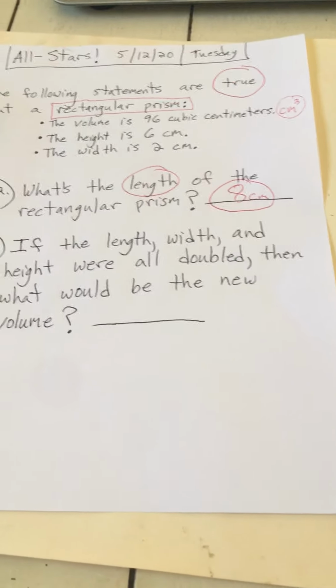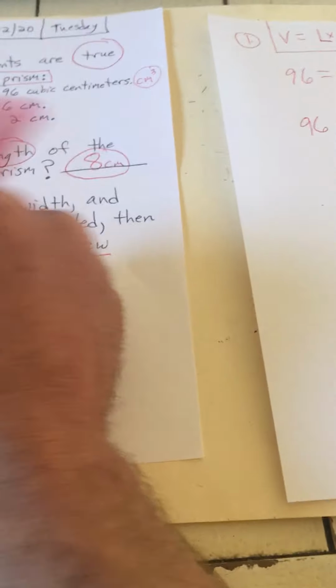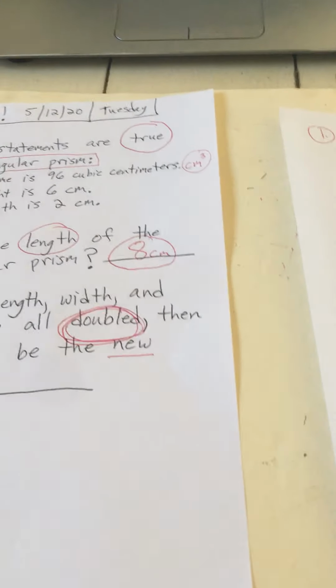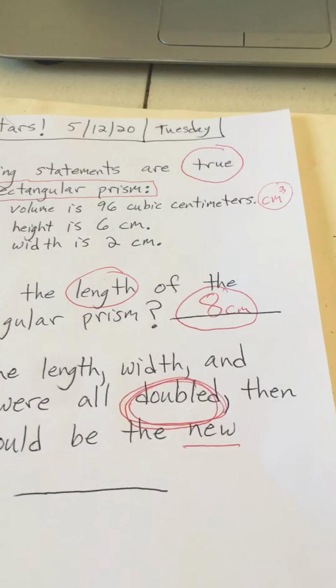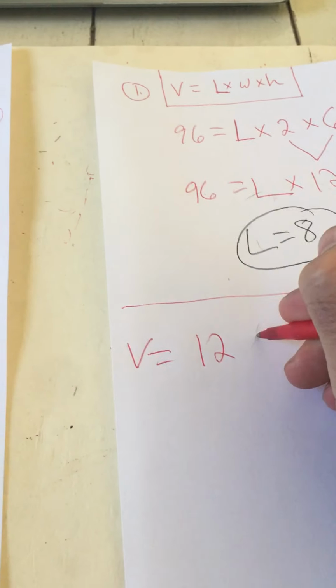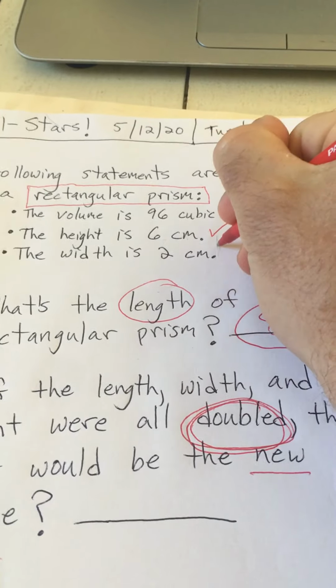Now part B says if the length, width, and height were all doubled, then what would be the new volume? So we have to double the length, the width, and the height. So let me make myself some space. The original height was 6, so we're going to double that. That's going to be 12. Then the width was 2. We're going to double that.